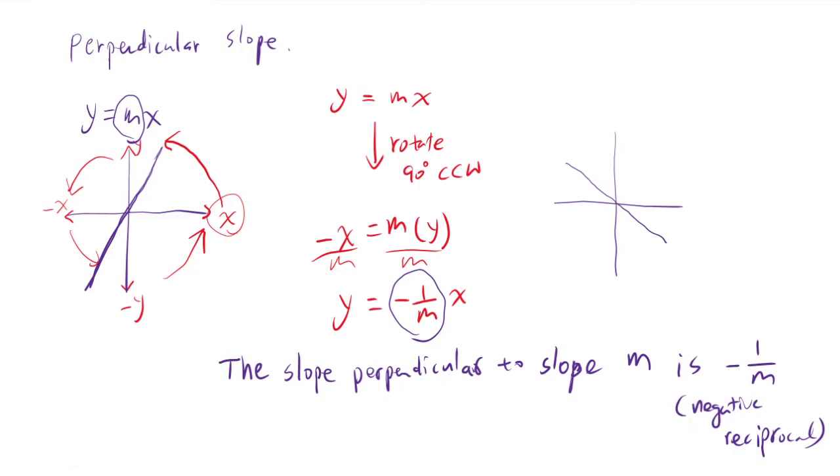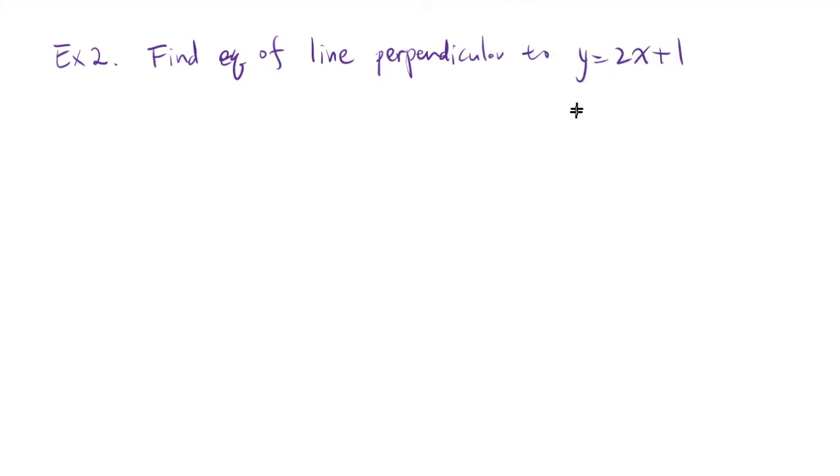Okay, so let's do an example using this. Suppose we want to find the equation of the line perpendicular to y equals 2x plus 1 and passes through 2 comma negative 3.